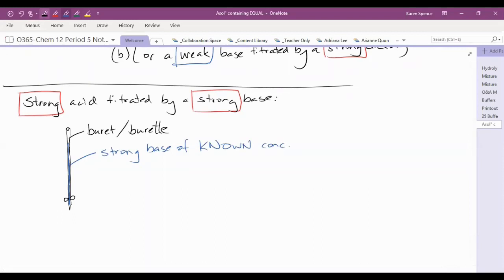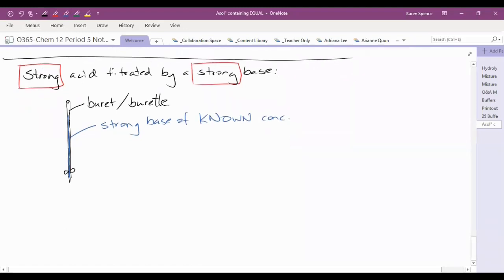Okay. Now down below, what do we put underneath the burette? What kind of equipment do we put underneath that burette? All right. Yeah, we do put an Erlenmeyer flask underneath. That's the one that looks like this. Okay.